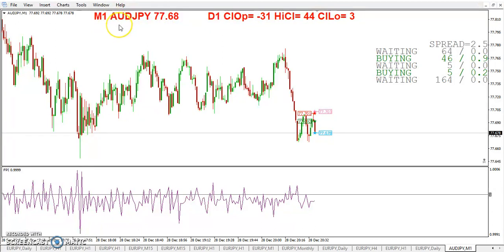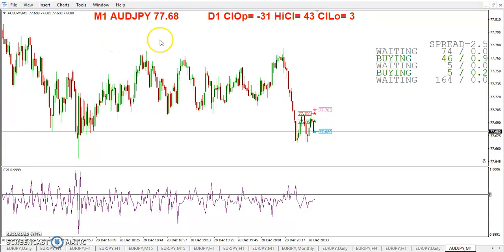Okay, so if you're long Australian yen, I think I might have said that backwards. Let me just do that again, just to make sure I get it right. If you're long Australian yen, then what you want to do is short Australian US dollars. So you'd be short the Australian dollar because you're already long. Then, since you're short the Australian dollar, you then also short the dollar yen.